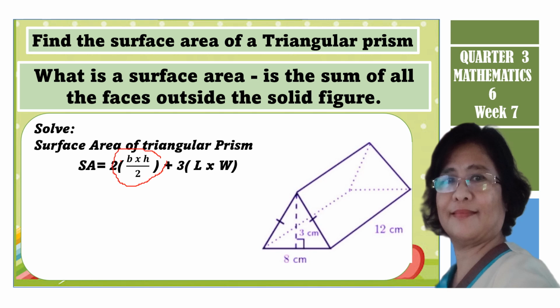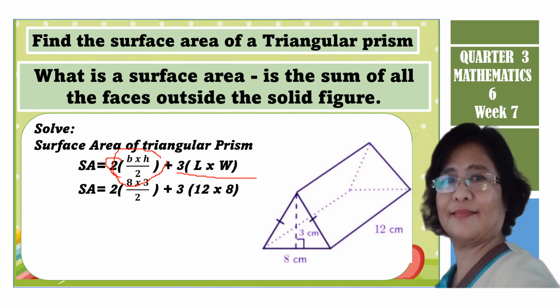And then we have here 2 because we have 2 triangles, plus the rectangles, where the formula is length times width, and we have 3 rectangles. That's why our formula is length times width times 3. So the formula for the triangular prism is base times height divided by 2 times 2, plus the length times width times 3.